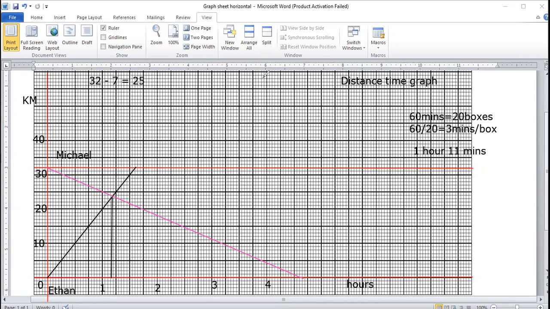See, if I look from this point to this point, right over here where I'm marking my blue line, there is a difference of 5 boxes. 1 box, 2 box, 3 box, 4 box, 5 box. So at this one point, my 2 lines, or my 2 persons, are 5 kilometers apart.